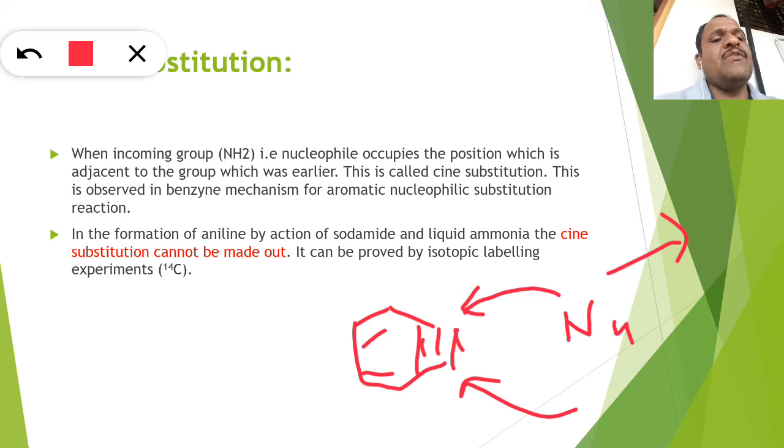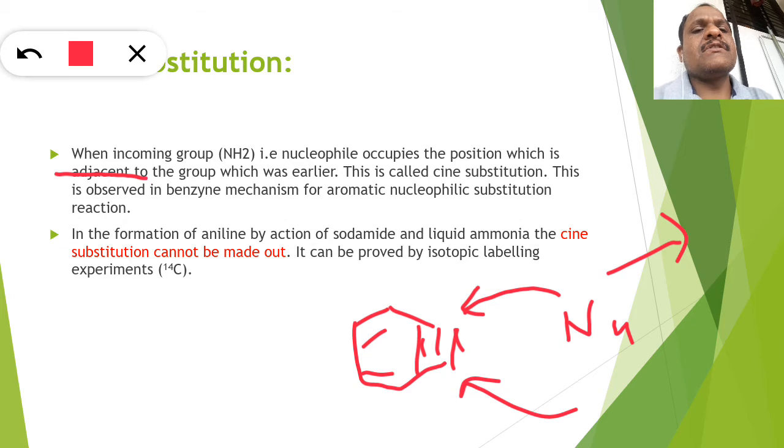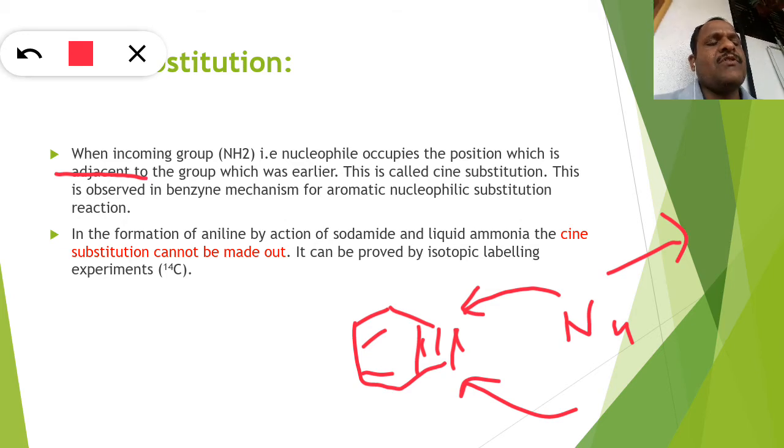But if the nucleophile attacks the carbon adjacent to the carbon where the leaving group was present, then that substitution is called cine substitution.